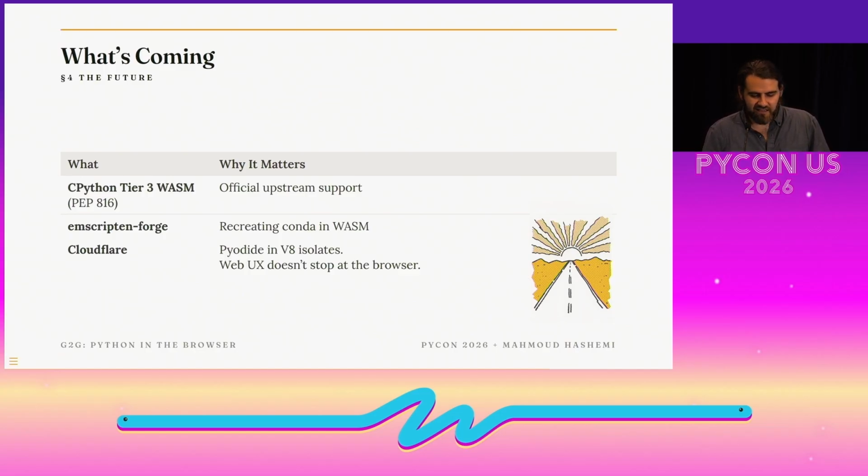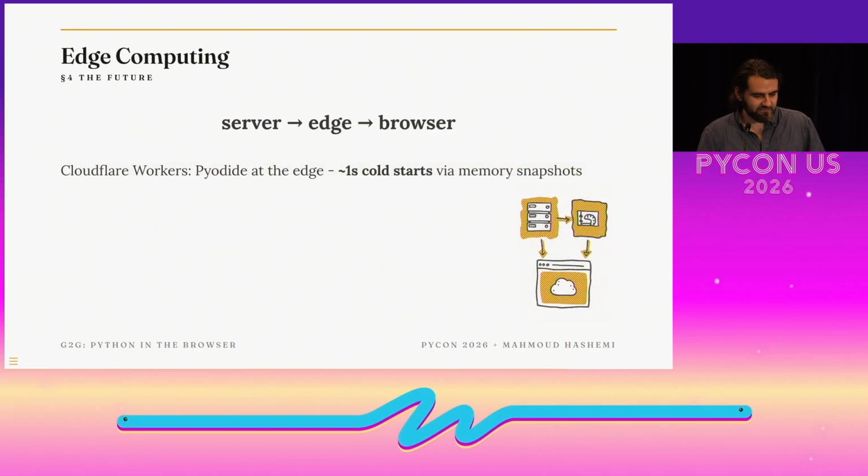And finally, Cloudflare is using Pyodide for something pretty interesting, because web UX doesn't stop at the browser. Edge computing is something you can use in cases where you are network bound to give a faster user experience. And you don't necessarily need to push Pyodide all the way down to the user.